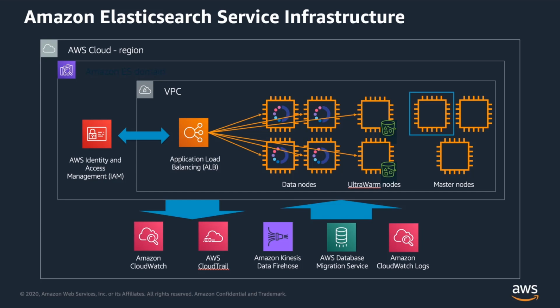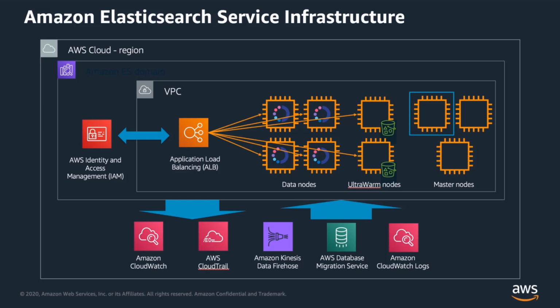Now let's look at what's really inside an Amazon Elasticsearch service cluster. It creates a load balancer which kind of fronts your cluster. And every time you're streaming data into your cluster, it's really going through this load balancer. Behind the load balancer is a set of different nodes.